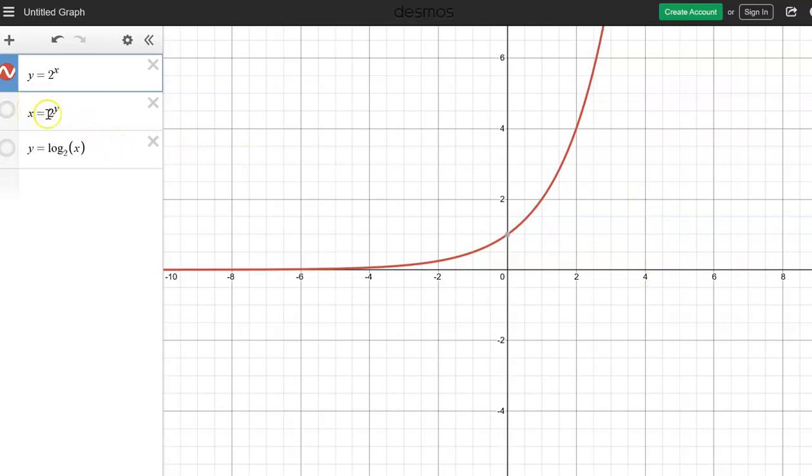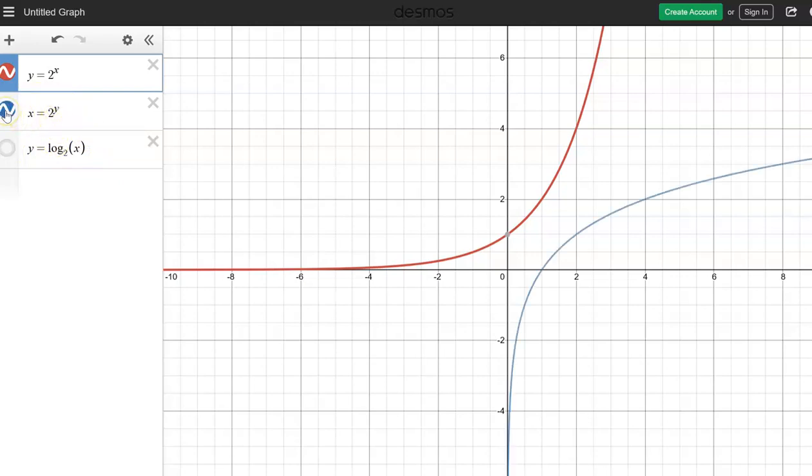I left it like that so you can see Desmos does this for you, but I also typed in the actual inverse function after solving the top one for y, which should end up being the same. Let's give it a try.